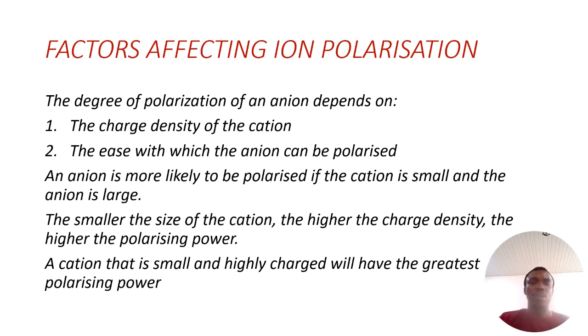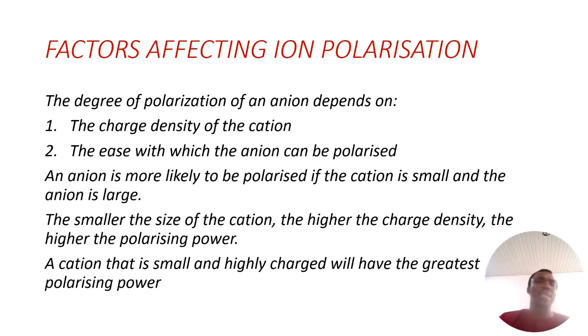An anion is more likely to be polarized if the cation is small and the anion is large. So we're talking about the size of the cation, or what we call ionic radius.